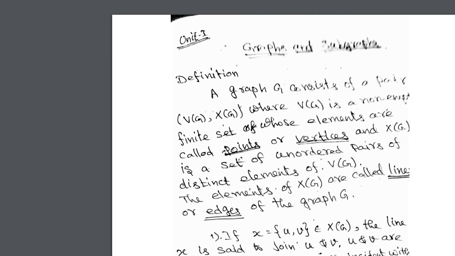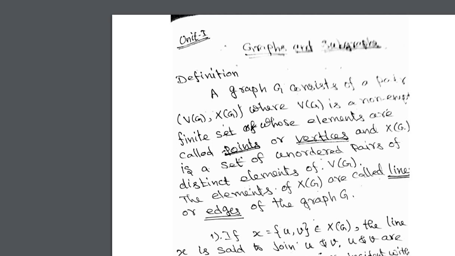A graph is always denoted by the capital letter G, and it consists of a pair V of G comma X of G, where V of G is a non-empty finite set whose elements are called points or vertices, and X of G is a set of unordered pairs of distinct elements of V of G. The elements of X of G are called lines or edges of the graph G. So we are representing the graph with the letter G, which consists of the pair V of G, X of G, each representing a set.